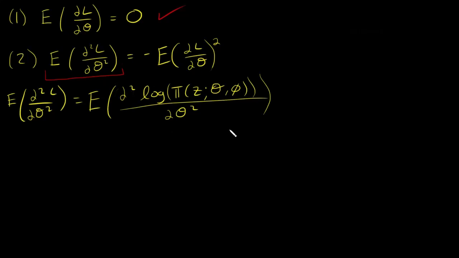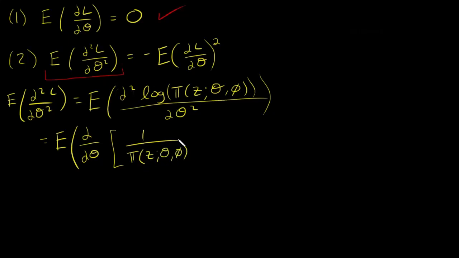So let's start by taking the first derivative, and I'll leave out that I need to take one more derivative. I'm going to take the first derivative of the log. When you take the derivative of a log, you get 1 over whatever you were taking the log of, so 1 over this density function.